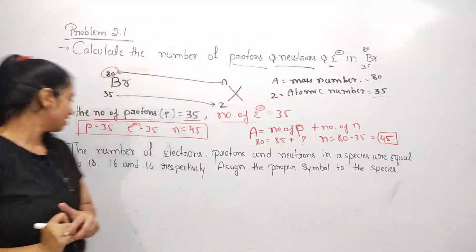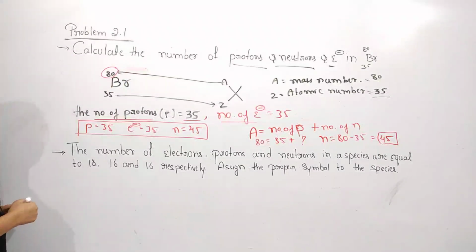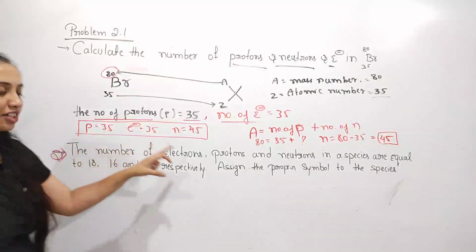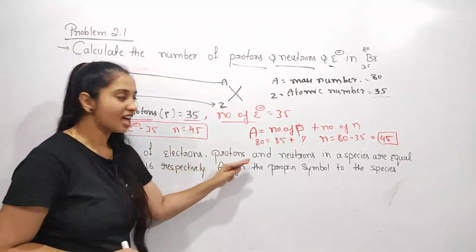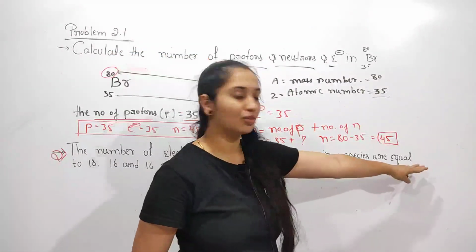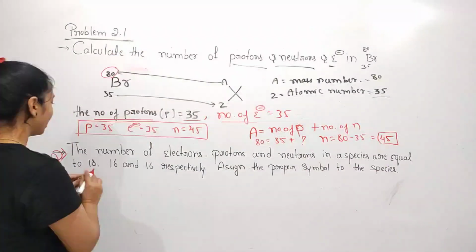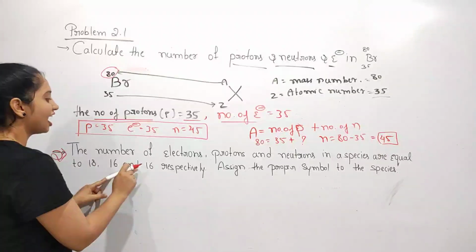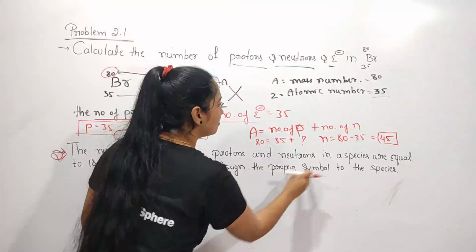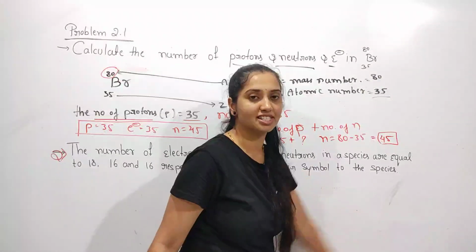And next, the second problem: the number of electrons, protons and neutrons in a species are equal to 18, 16 and 16 respectively. Assign the proper symbol to the species.